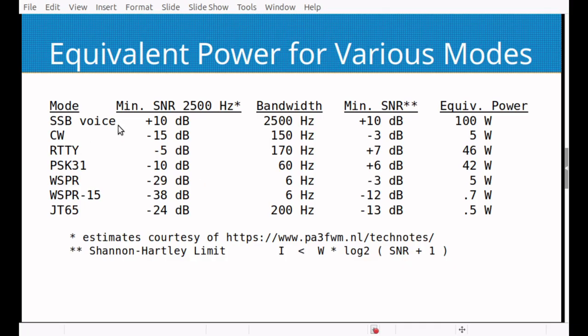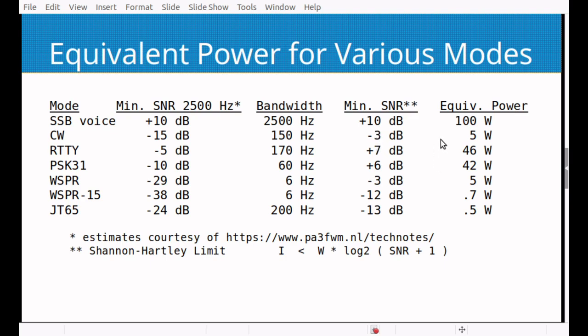And again, in voice, you got to translate and make some sort of estimate for how much information in bits per second comes out of a voice transmission. So, this is all a bit conjecture for these two, but it's interesting to talk about.